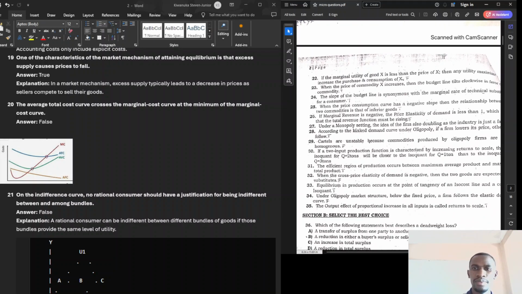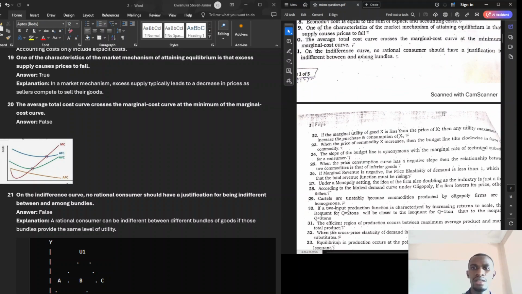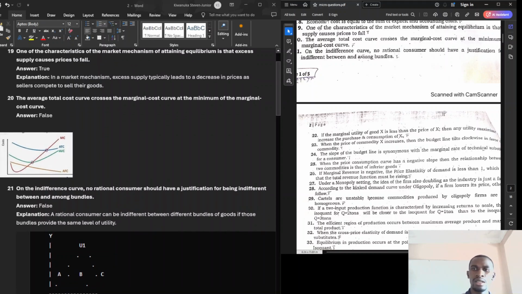So 21 says on the indifference curve, no rational consumer should have a justification for being indifferent between and among bundles. Now, what is that indifference curve?